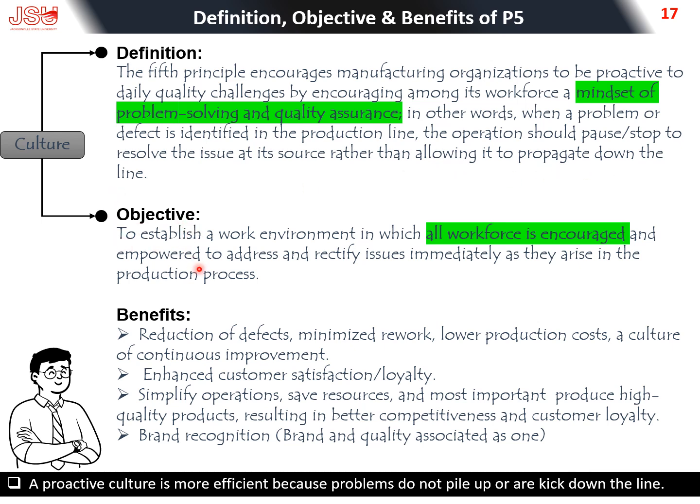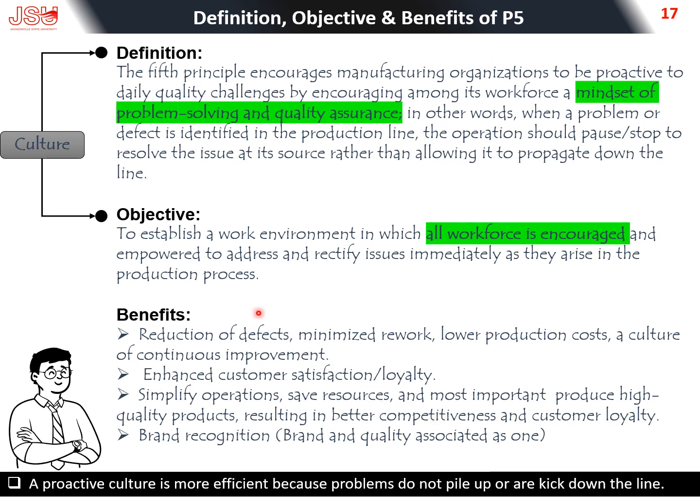Objective: to establish a work environment in which all workforce is encouraged and empowered to address and rectify issues immediately as they arise in the process. Both of these are a cultural mindset within the organization.